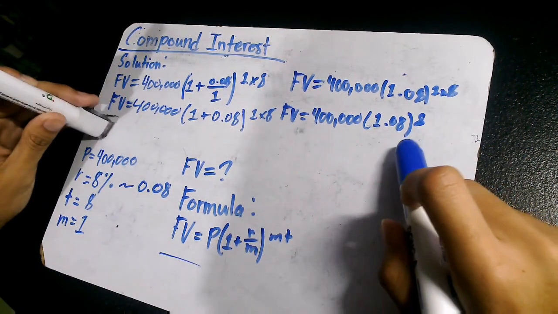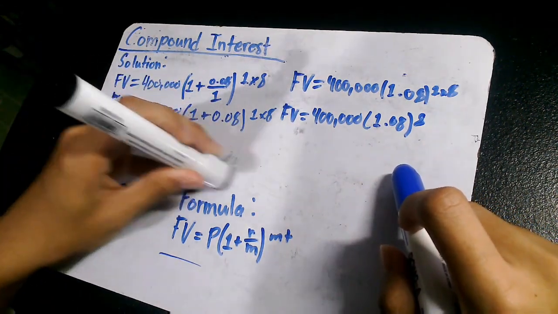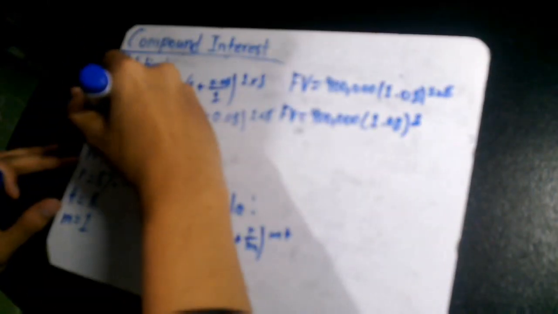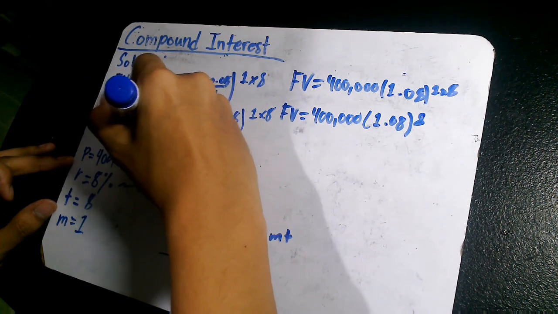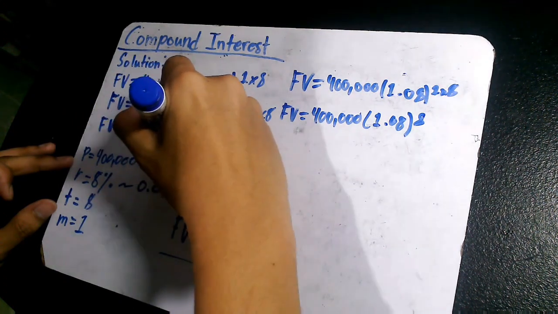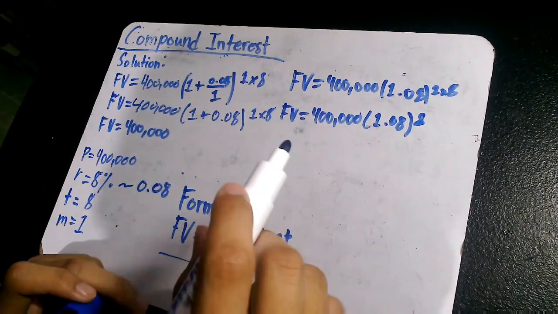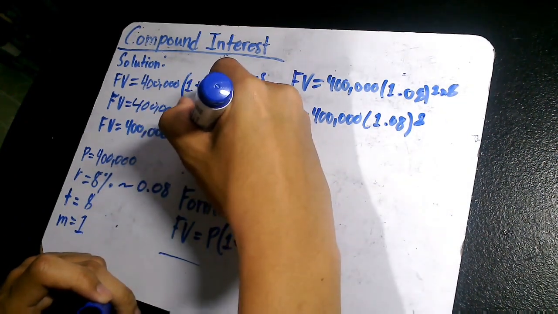Since we don't have any more space, I will erase this and continue here. FV equals 400,000 and 1.08 raised to the power of 8 is 1.85.